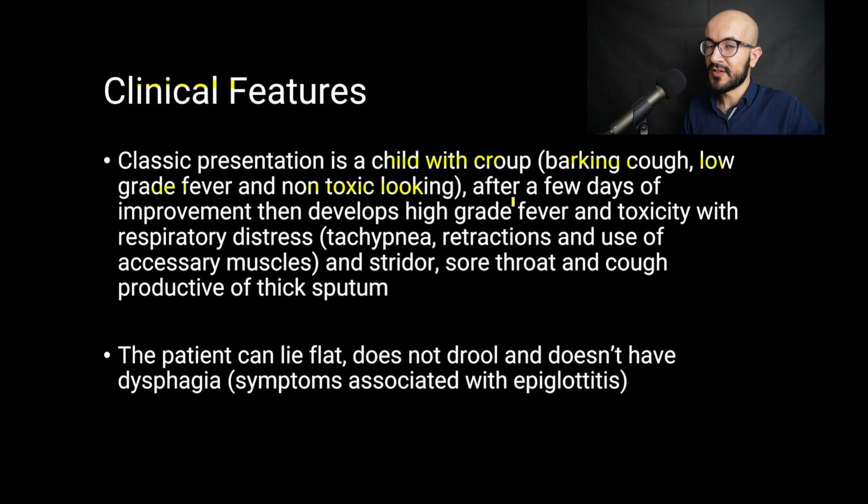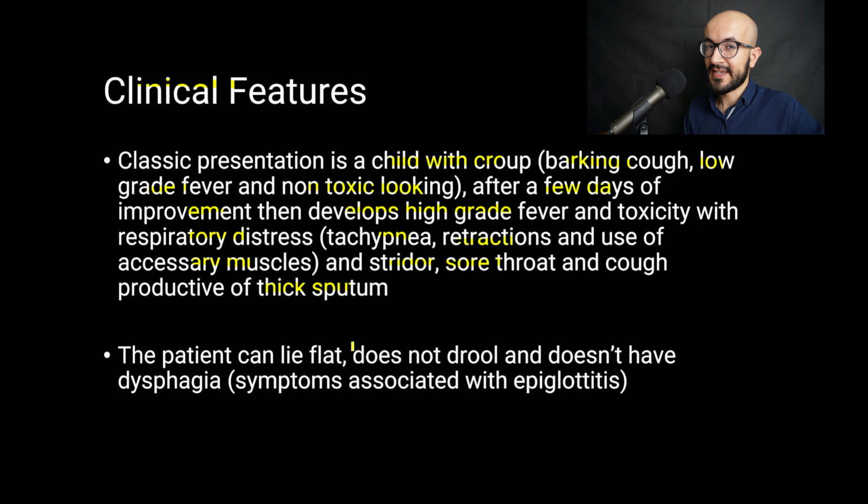So after a few days of being infected with croup, they show improvement, but then suddenly develop high-grade fever and toxicity with respiratory distress. So they would have tachypnea, retractions, and use of accessory muscles. And they also would have stridor, sore throat, and cough productive of thick sputum.